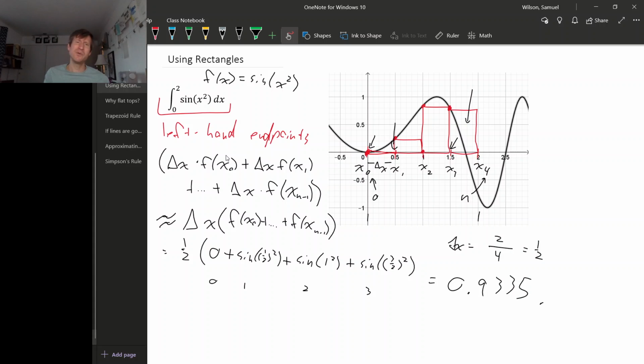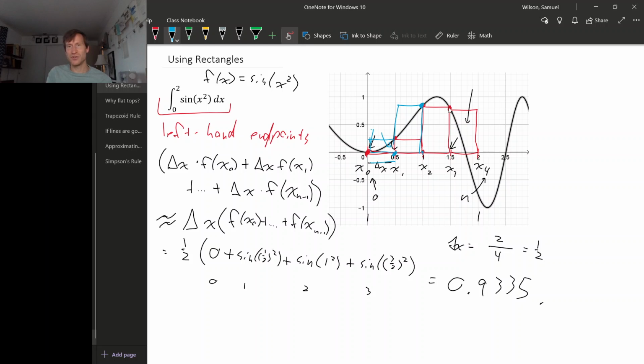Okay, well that's using left-hand endpoints. Of course, we didn't need to use left-hand endpoints. Another fine way to do it is for each interval, instead of choosing the endpoint at the left, choose the endpoint at the right. So for our first interval, that's this spot, and so our rectangle is this blue rectangle. For the next interval, the right-hand endpoint is at 1, and so the height of the function is way up here, so our next rectangle is that tall.